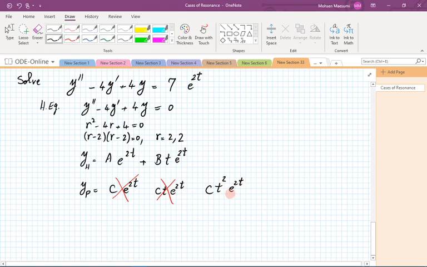Okay, so the trial solution, or the particular solution you are supposed to start with, we had to go through 2 levels of this thing to avoid the coincidence. Now if I take this and plug it in, I have a chance of reproducing the right hand side. Let me ask you to do this.